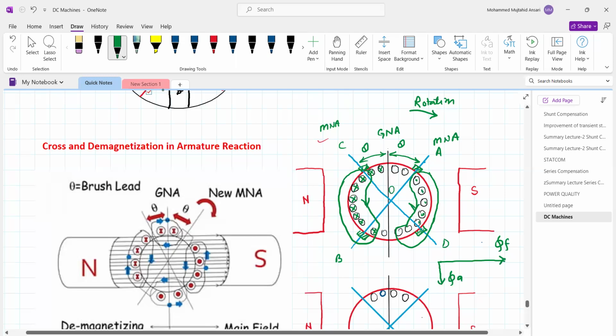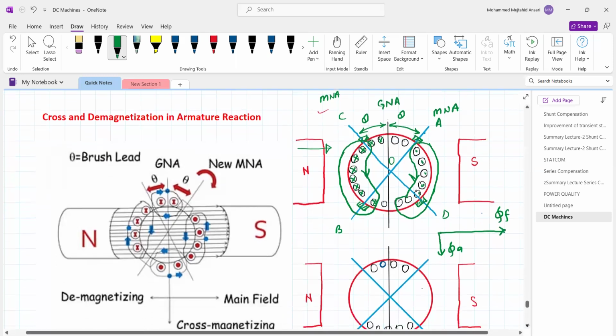So A, O, D and C, O, B, whatever the number of conductors there, these conductors are responsible for producing the magnetic flux downward, and we have given the name cross magnetizing because it is crossing the direction of the main magnetic flux. So this number of conductors is producing the cross magnetization.